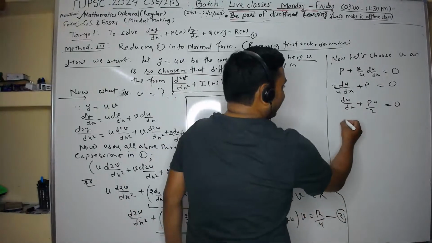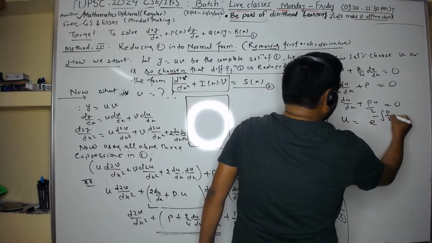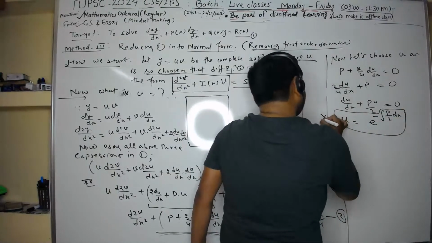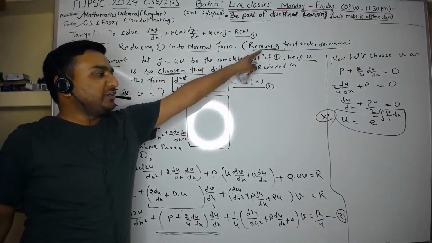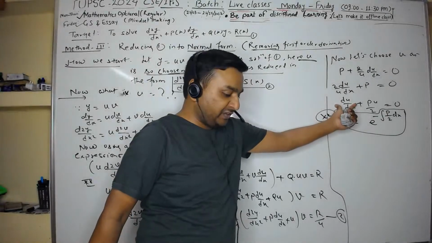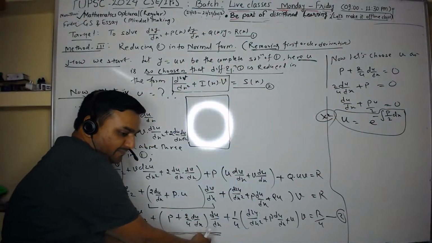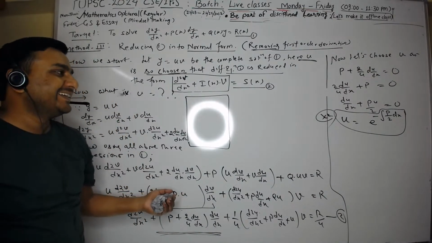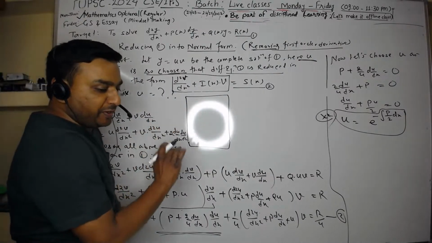Tell me. u will be e raised to the power minus integral of p by 2 dx. विश्वास दिलाइए. You have chosen u such that now if you take u का value, this derivative is gone, this whole term, and our job is done. Right? चलिए. So u तो अपने को मिल गया.